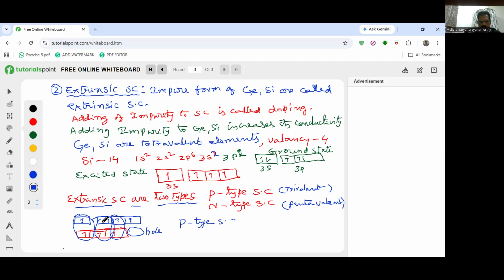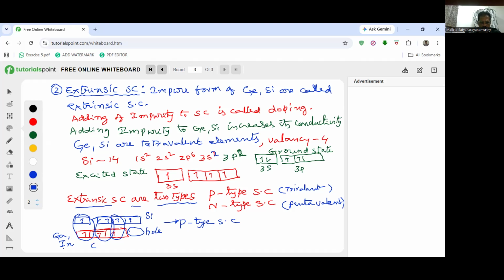That means germanium or silicon doped with gallium or indium, trivalent elements, you will get a p-type semiconductor.